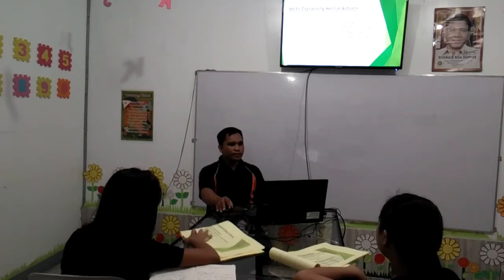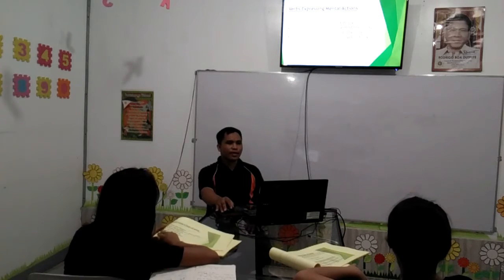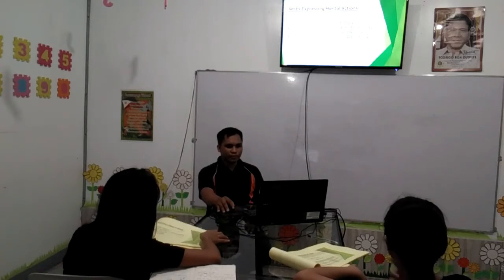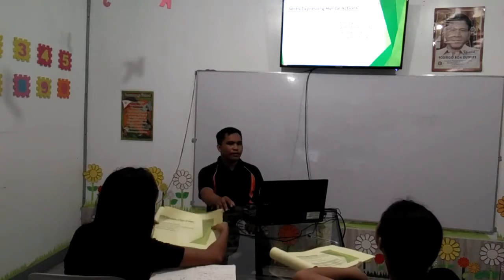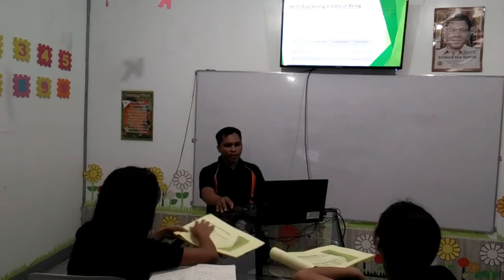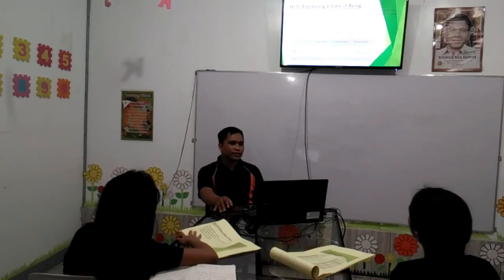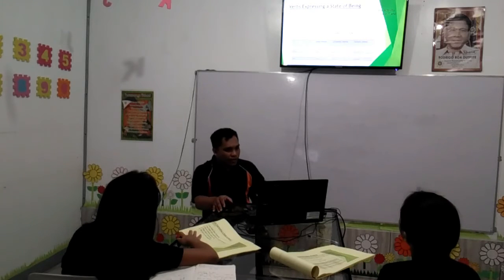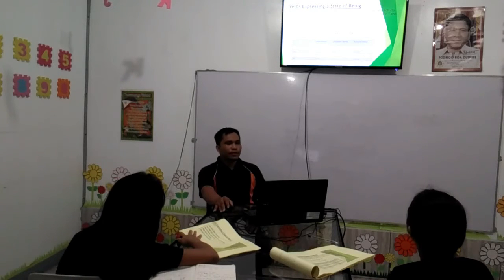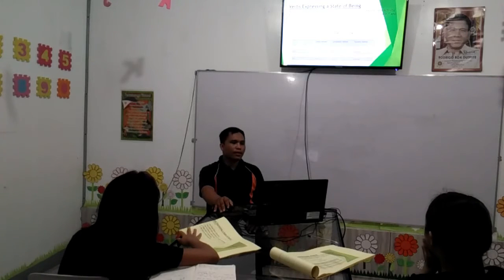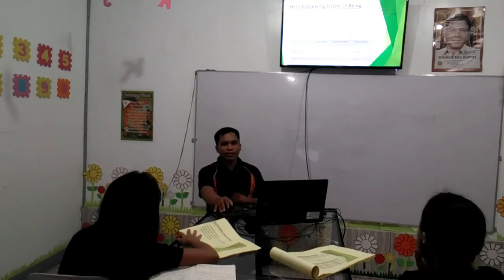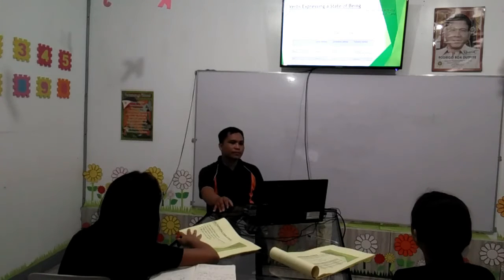Okay, let's proceed to the next category of verbs: verbs expressing a state of being. As you can see in the examples, they are not actually action words, but they are categorized as verbs.